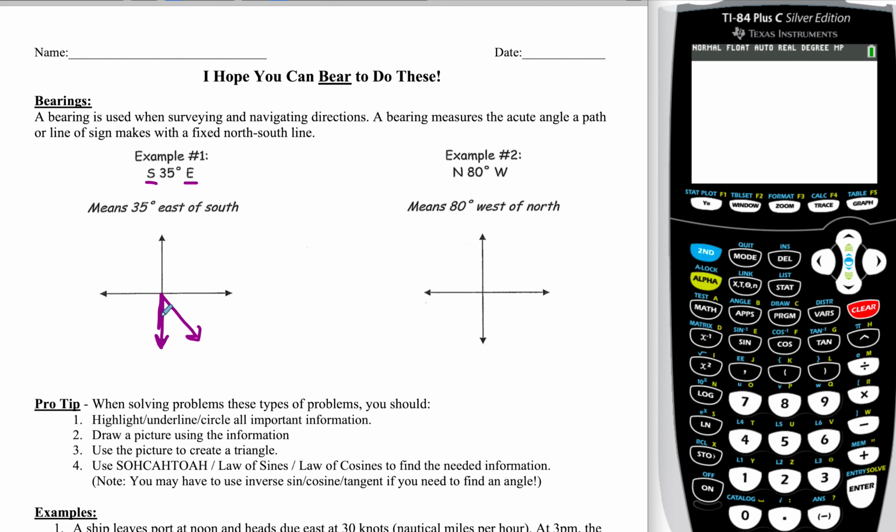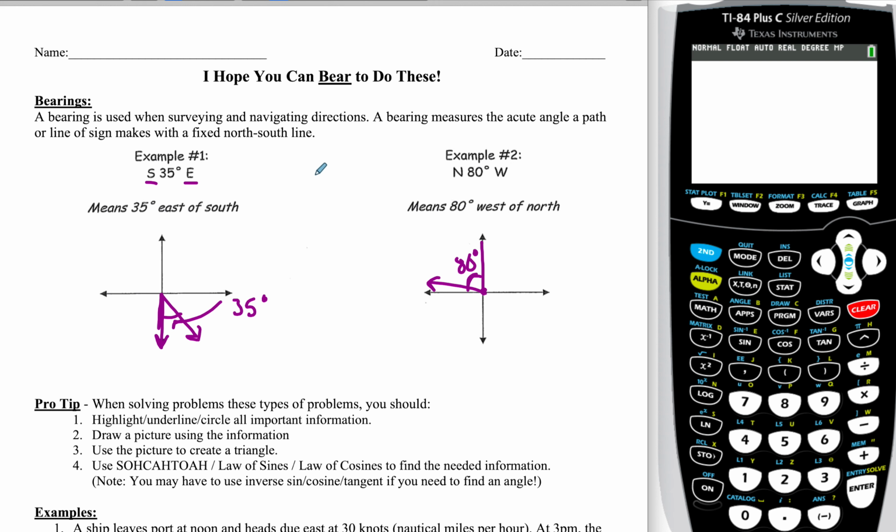Okay, so what that means is that this is a 35 degree angle. Whereas here, this would mean you'd look north, and then you would turn 80 degrees to the west. Okay, so it's 80 degrees west of north.